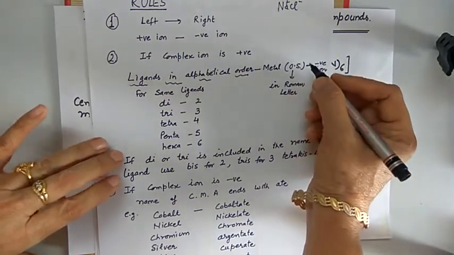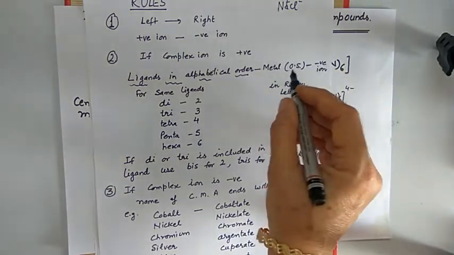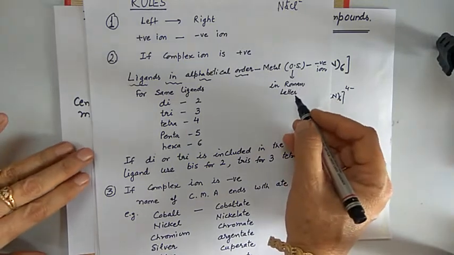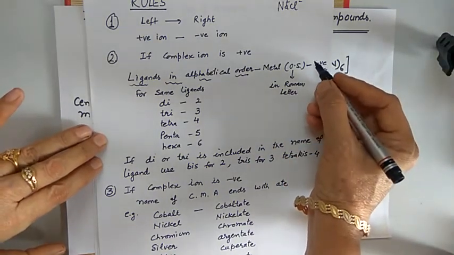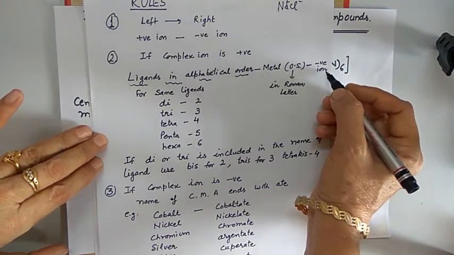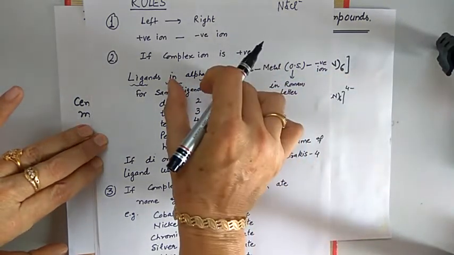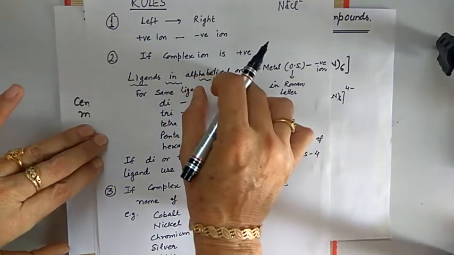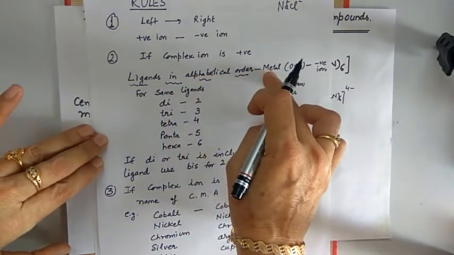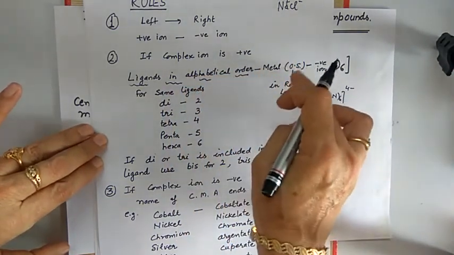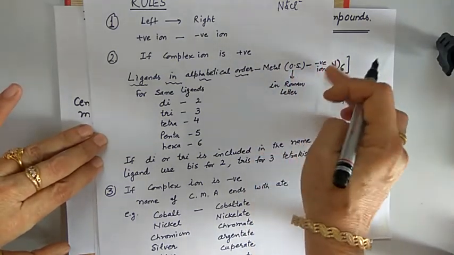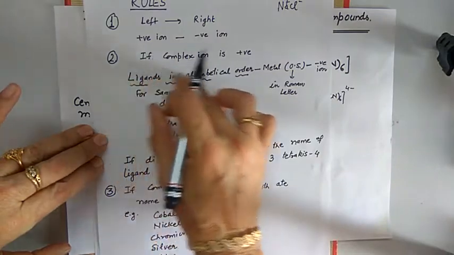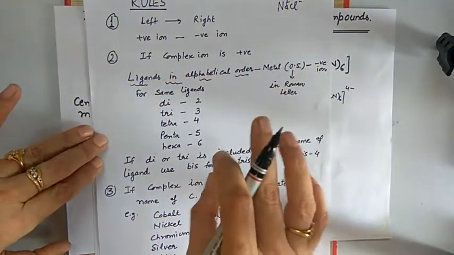In brackets we write the oxidation state of that metal atom in Roman numerals, and then the negative ion which is present outside the bracket. Clear? Ligands in alphabetical order, the name of the metal atom, then its oxidation state in Roman numerals in brackets, then the negative ion present outside the bracket. This is the order for naming the compound.